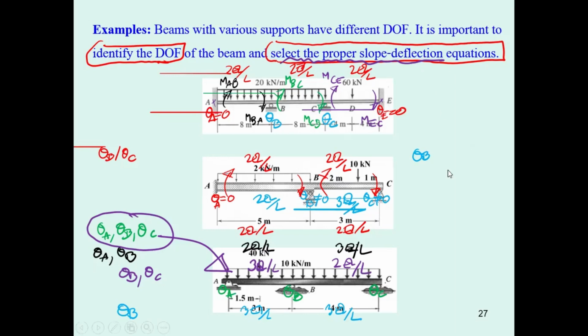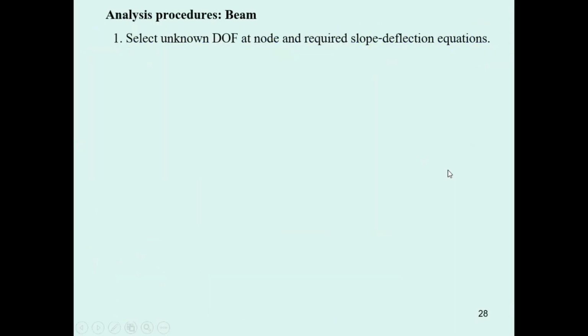Okay, now let me move you further. If you have no question, go to the steps. First, you have to read the question statement clearly: what Ajahn would like you to determine. Then you have to select the proper set of slope deflection equations to solve the problem.